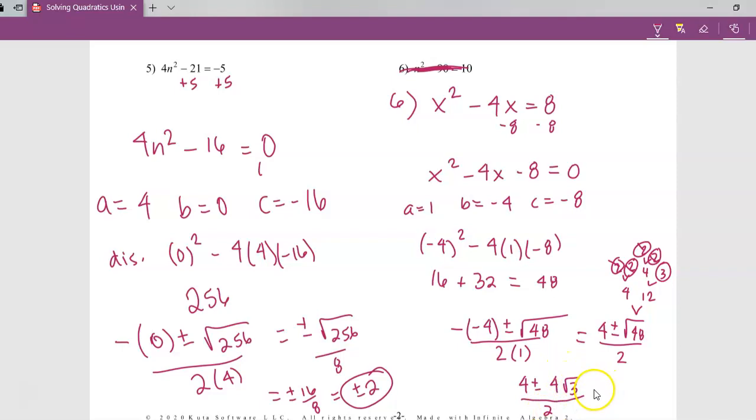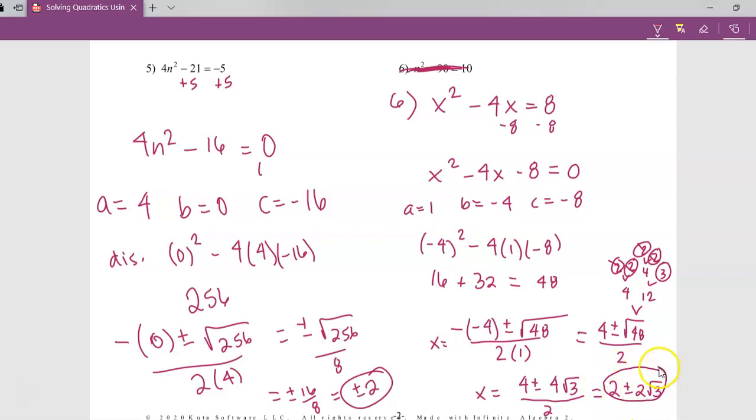So now on this, I can still simplify this fraction just a little bit. Remember, this is my x values. Because 4, 4, and 2, all 3 of these have a common factor of 2, I can reduce this to 2 plus or minus 2 square roots of 3.